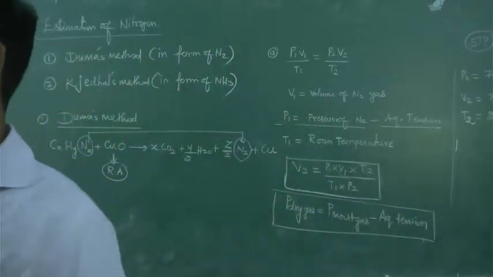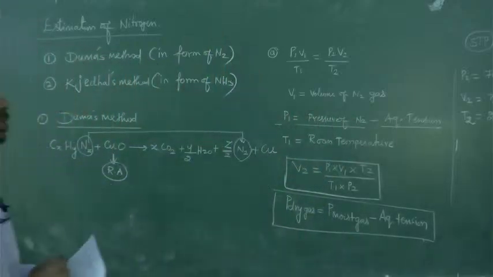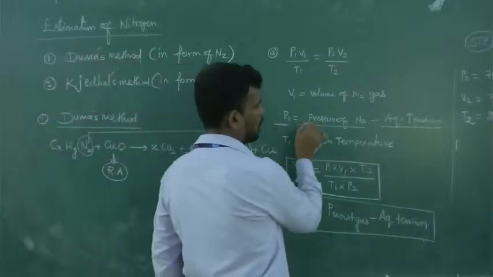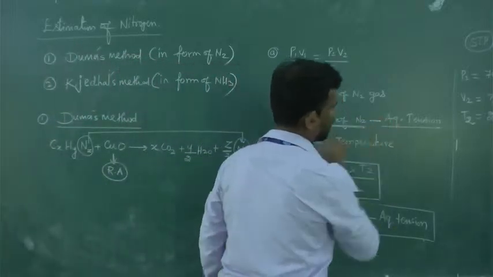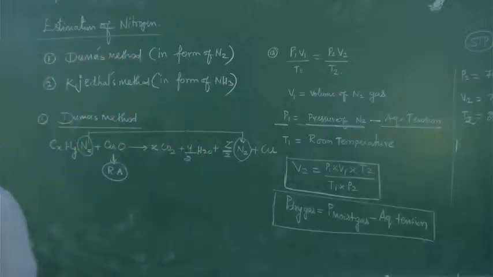So this is a general formula. If you want to use this term, you have to take the pressure of gas minus aqueous tension. They will give the aqueous tension value. You have to subtract that value. Is it clear? So that is the point.